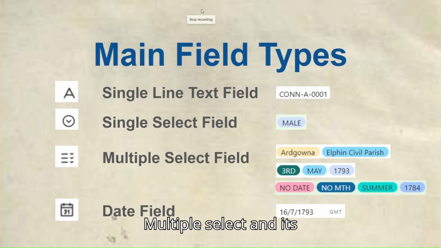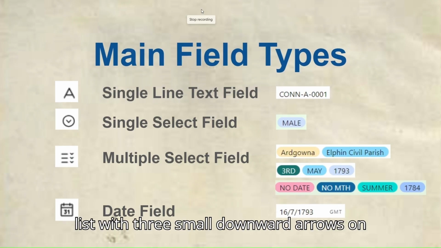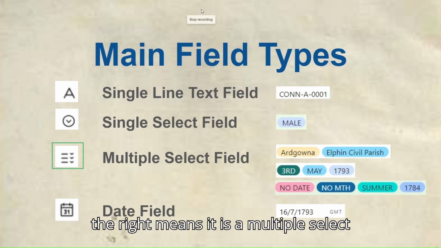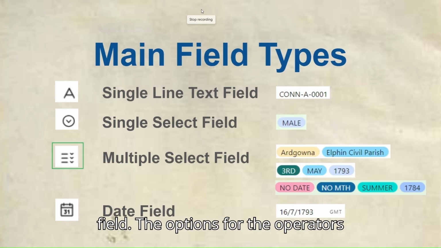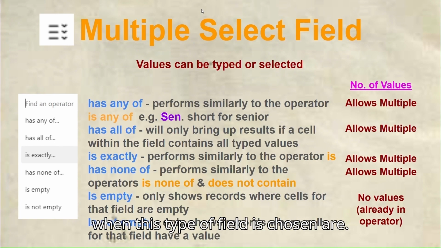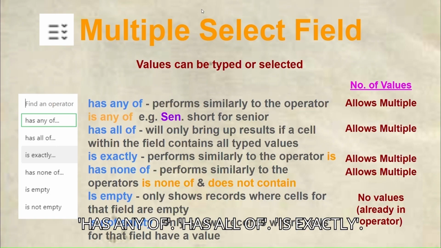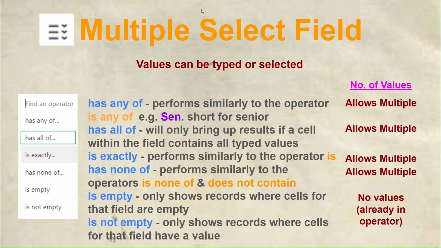Multiple select and its operators. A small list with 3 small downward arrows on the right means it is a multiple select field. The options for the operators when this type of field is chosen are has any of, has all of, is exactly, has none of, is empty, and is not empty.